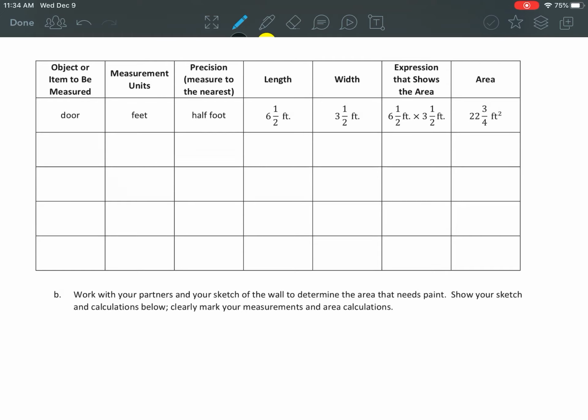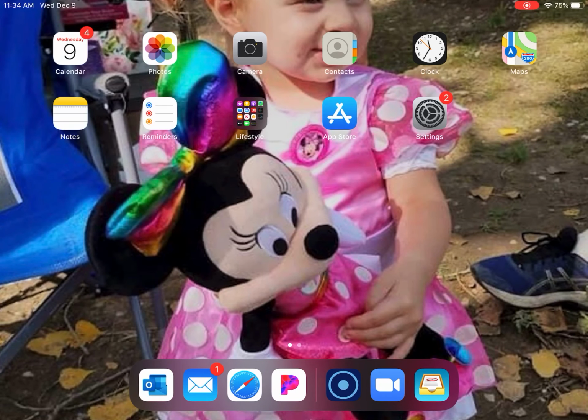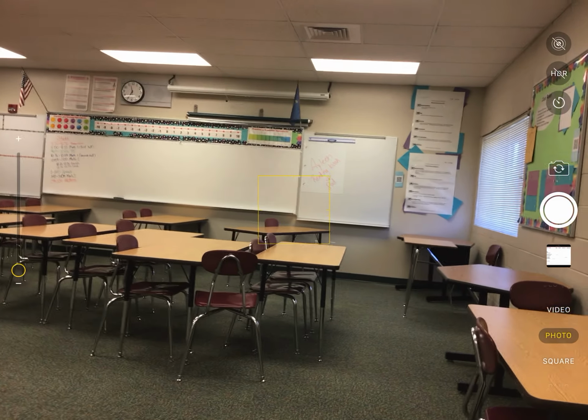If not, let's see if I can get this to work. If you go to your camera and look at my lovely room.